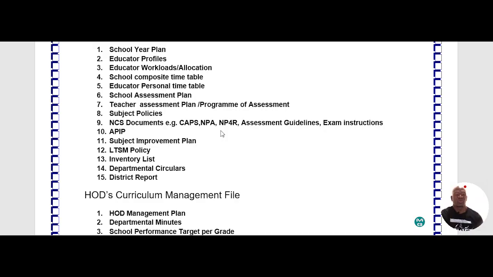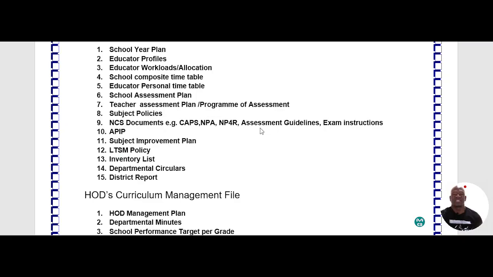Then the next document, the policy under number 9, is the one called NPPPR, which stands for the National Policy Pertaining to the Promotion and Progression Requirements of the Curriculum Statement Grade R to 12. It has information about promotion and progression of learners. That is very important, so that whenever there are matters that the HOD needs to refer to in terms of promotion or progression of learners, that particular policy should be consulted.